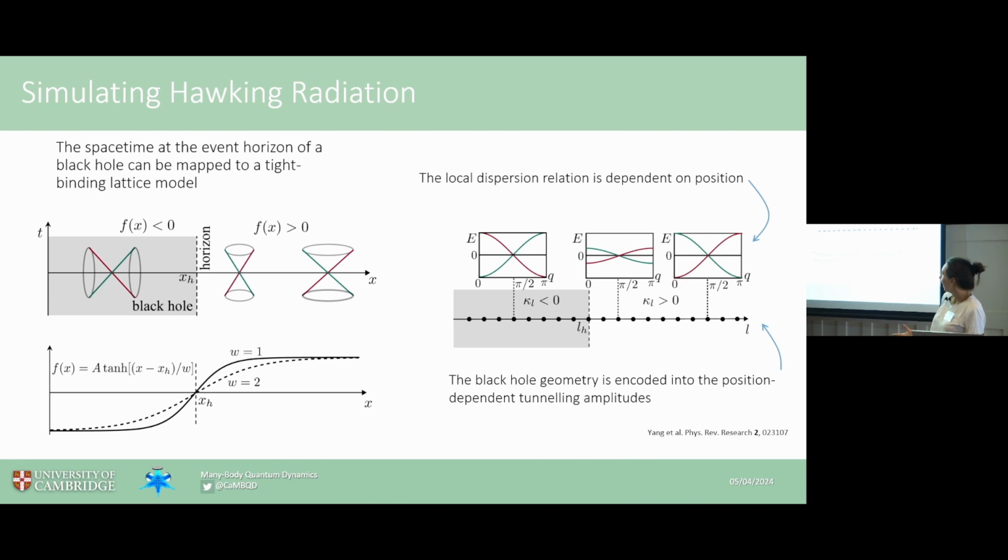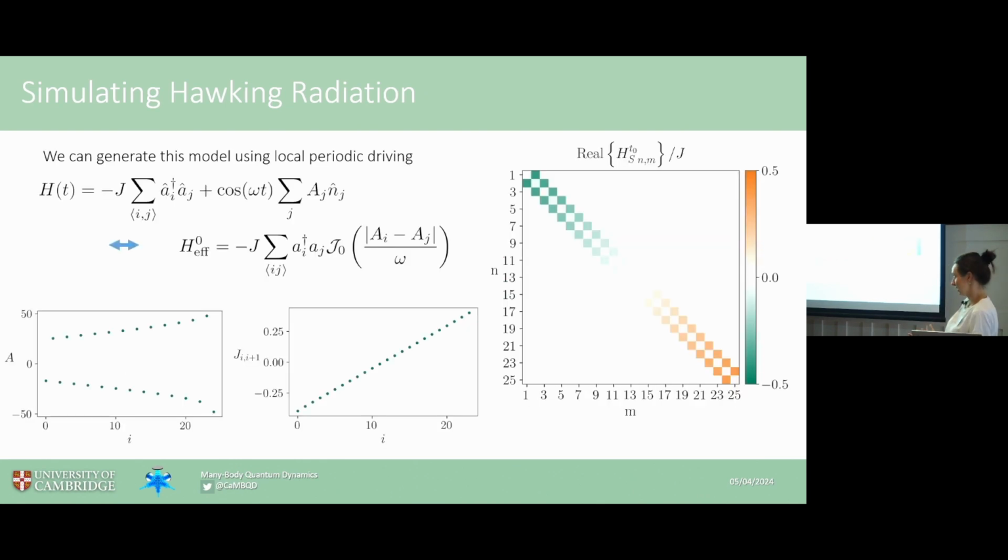And so, we can encode this black hole geometry into these tunneling amplitudes, and we can do this effectively by using this local driving. How we do this is we reverse engineer this Bessel function to choose driving amplitudes on neighboring sites such that the difference in the amplitudes gives us, in a renormalized case, these tunnelings that follow this linear relation.